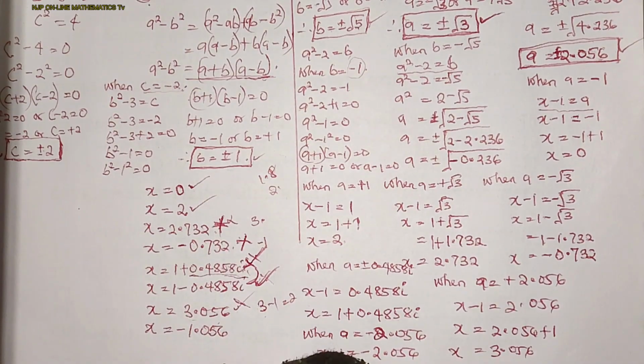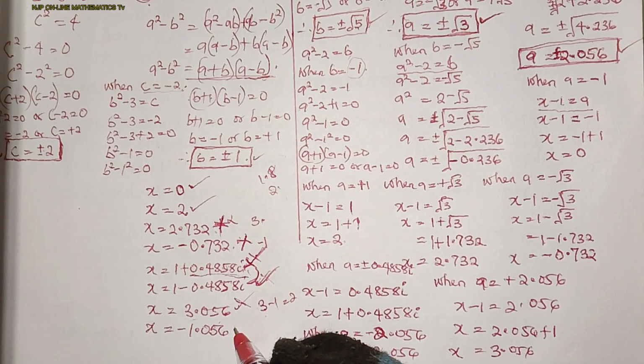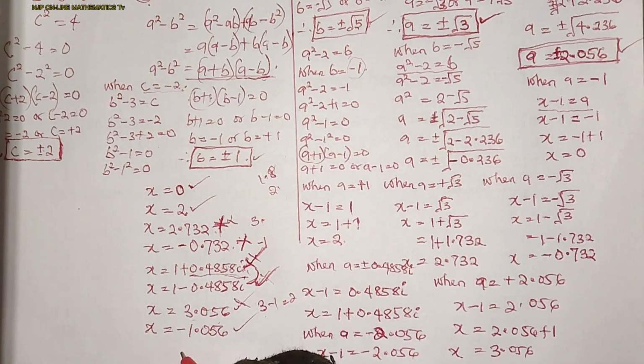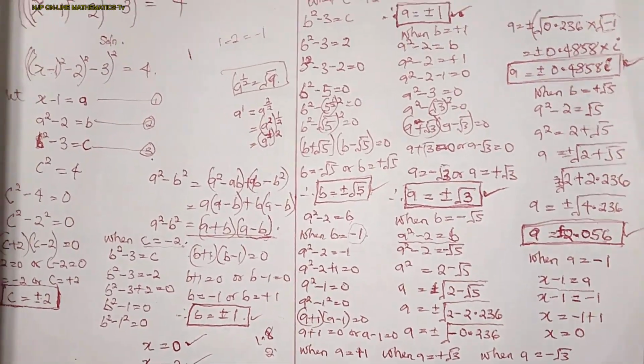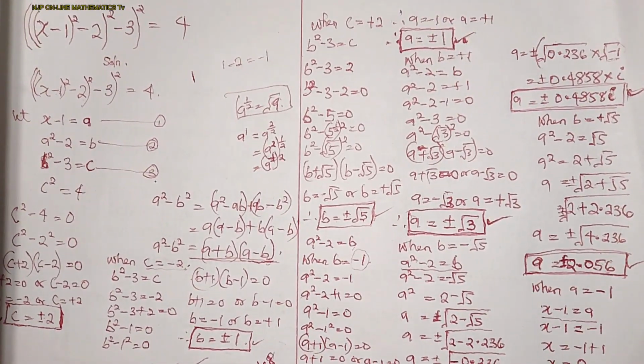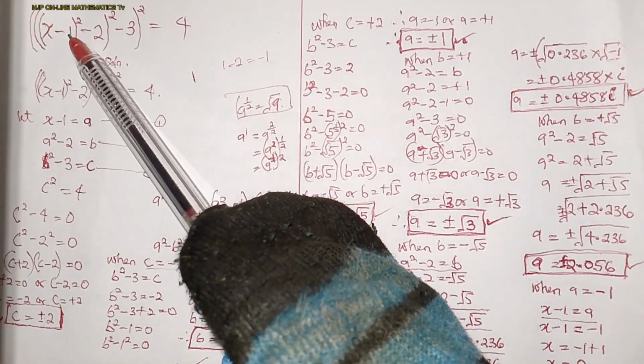So let's see whether the final solution of x will satisfy the equation that we have here. We have that x equals negative 1.056, which is approximately negative 1. If we substitute negative 1 into the equation, then we have negative 2 in this first bracket.